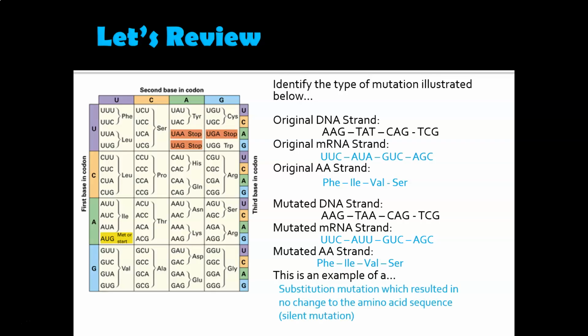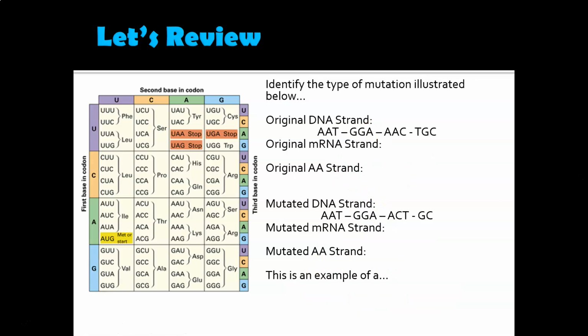And this one happens to be yet another substitution mutation. I ended up swapping that T for an A, but take a look, it's now occurring in the third base of the codon, and so as a result, I haven't changed the amino acid strand. So this one ends up being an example of a silent mutation.